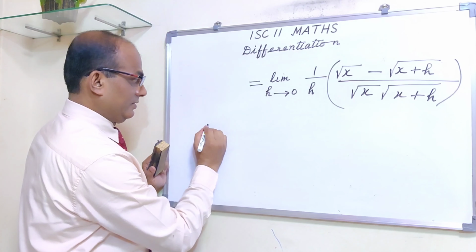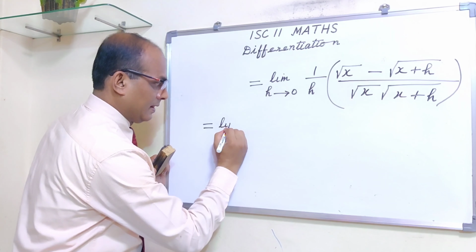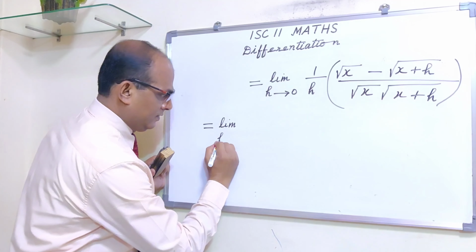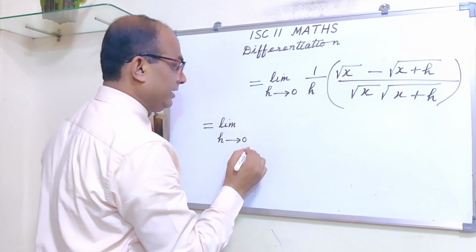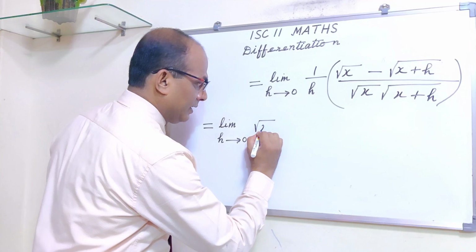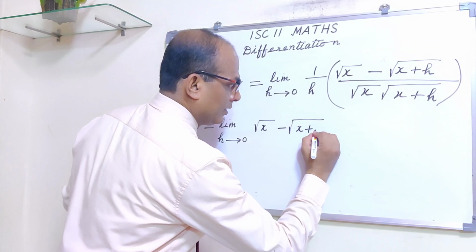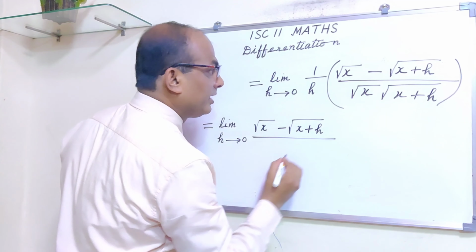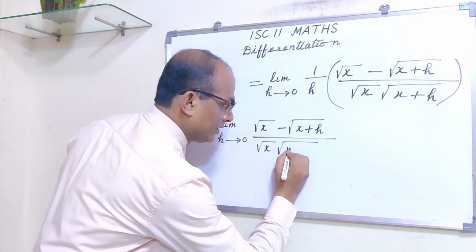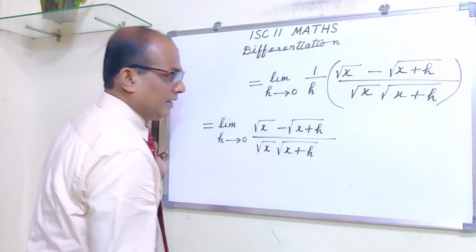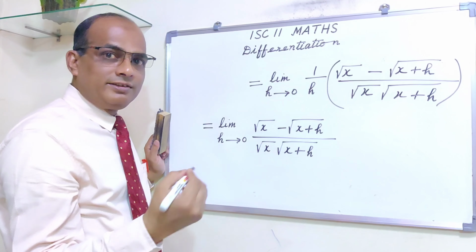That is equal to limit h tending to 0, root x minus root of x plus h, whole divided by root x into root of x plus h, and we multiply by the conjugate of this. The conjugate of a minus b is a plus b.